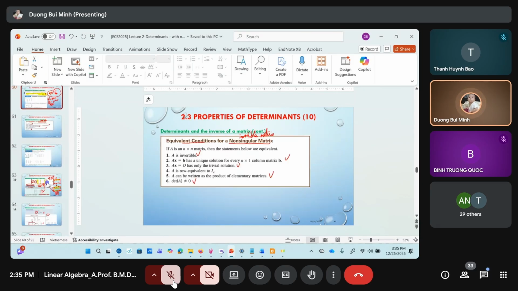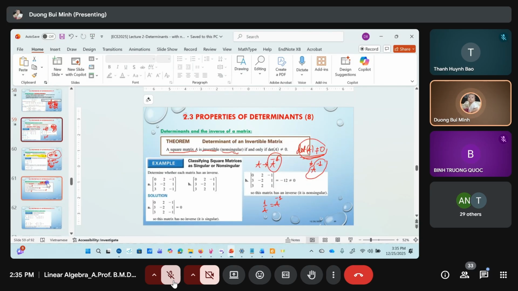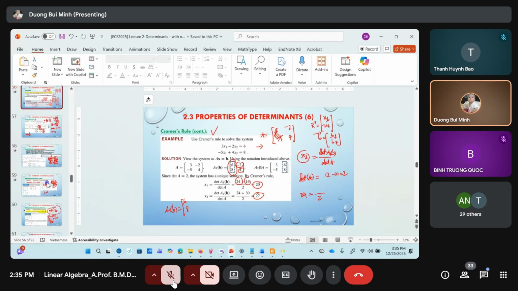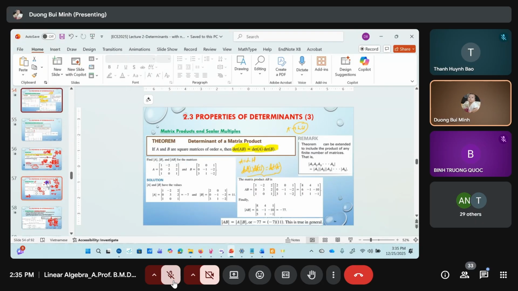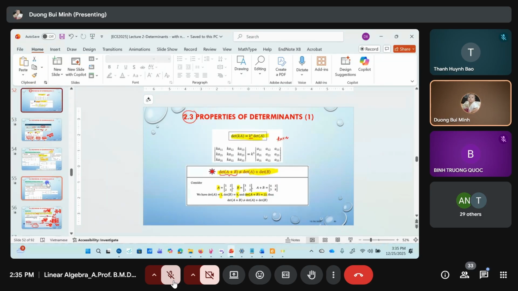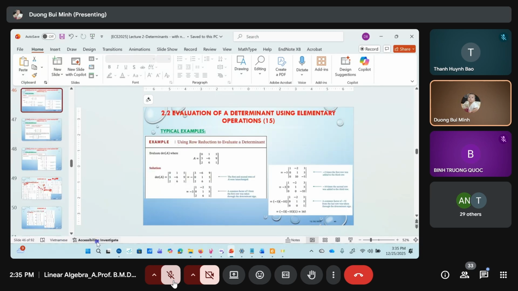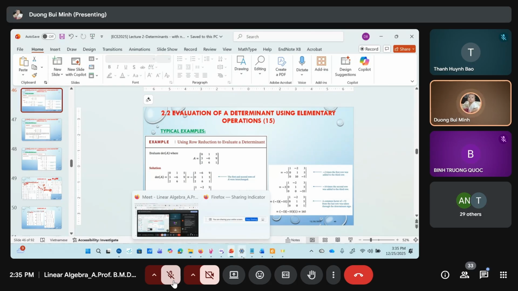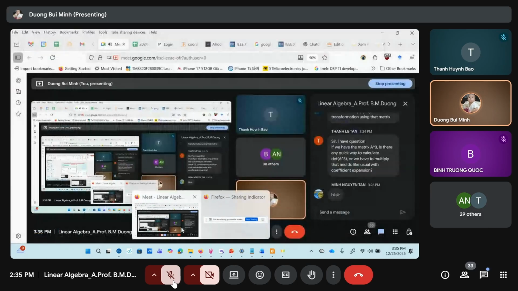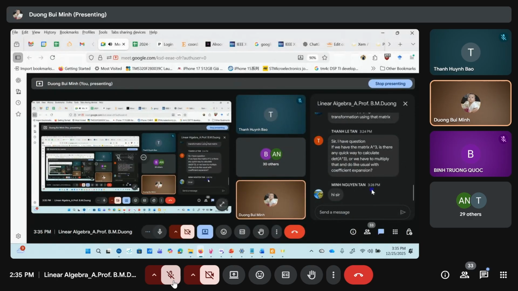This is where we can use cofactor expansion. Yes, we just apply the properties. You can use cofactor expansion, or we calculate the determinant of A to the power of 3.